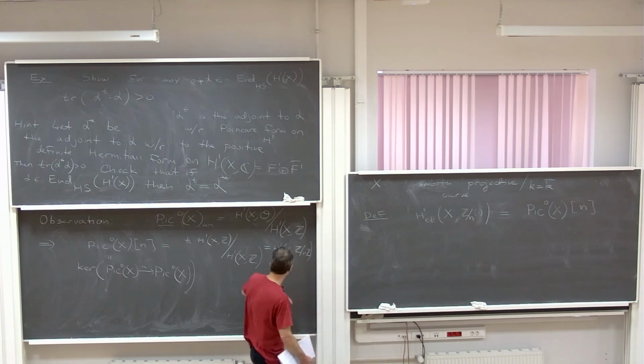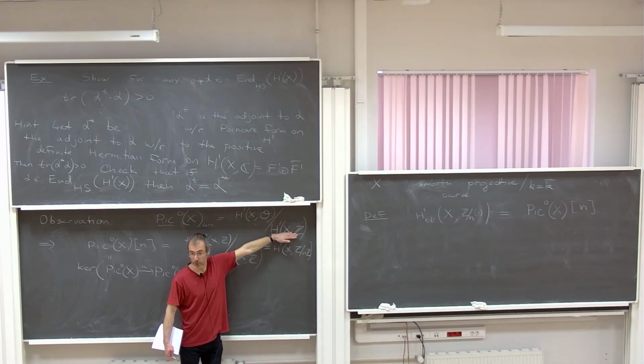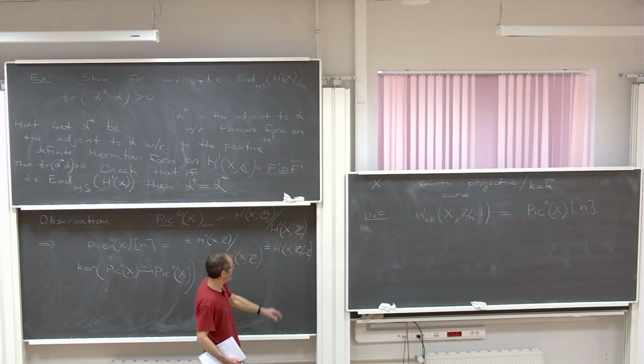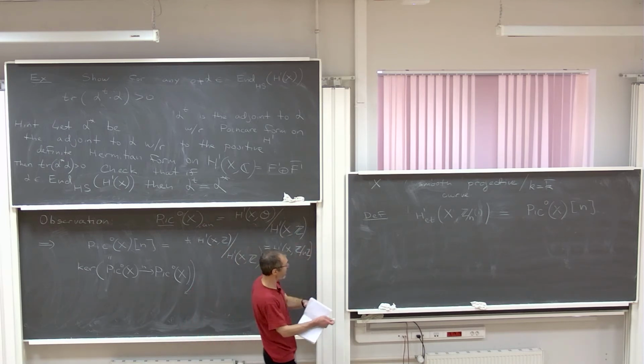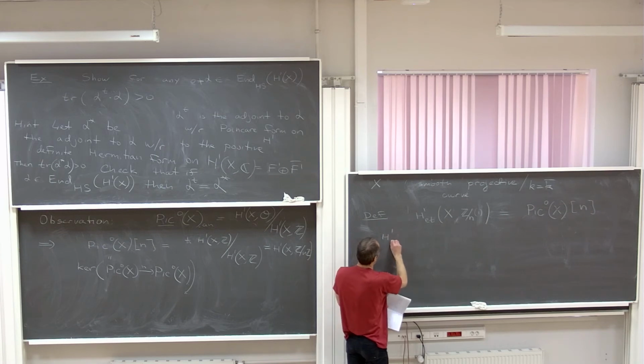I would love to have an algebraic definition for this group, but I don't know how to do this, a reasonable candidate for this. You can argue that it doesn't exist, but anyway, I don't know how to make sense of this. But what we can do is define ℓ-adic homology.